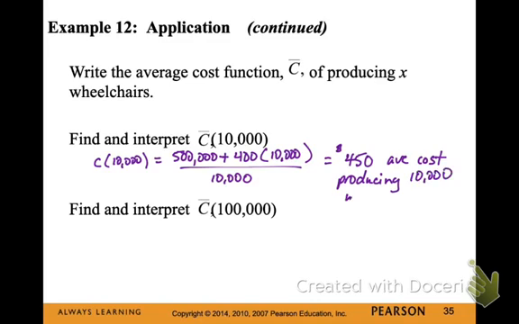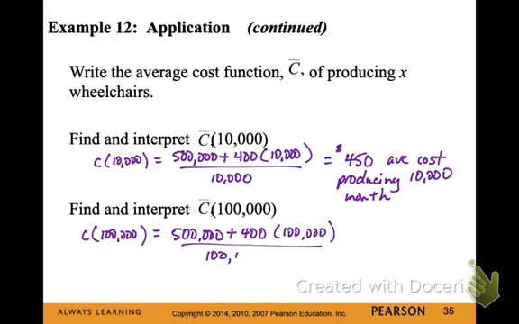And then finally, if somehow we can produce 100,000 chairs monthly, we can use this average cost function to see what this cost will be. Perhaps that $500,000 is rent or something, just a fixed cost that doesn't change no matter how many chairs we produce. So that reduces us to $405 average cost for producing 100,000 chairs per month.